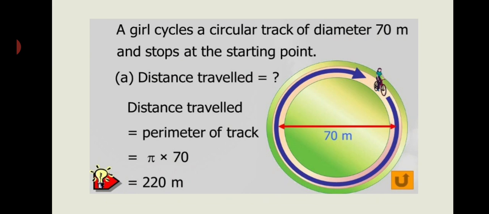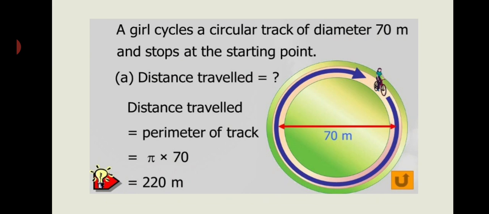Next example, a girl cycles a circular track of diameter 70 meter and stops at the starting point. So the distance covered is equal to the perimeter of the track, that is 2 pi r or pi into d. Here the diameter is given, so we consider pi into d, that is pi into 70, which is equal to 220 meter.